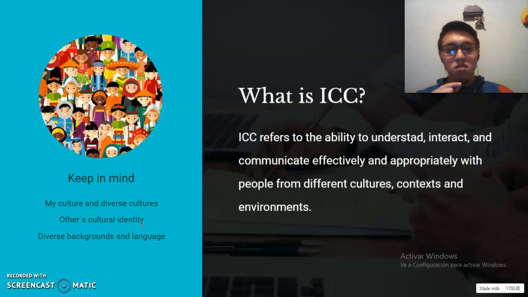In this case, is in terms of clothes or history, customs, and things related to identity. And the last one is diverse backgrounds. In this case, is context or situations, and language. In order to emphasize language, it could be possible academic or non-academic.